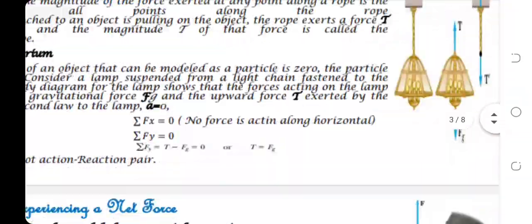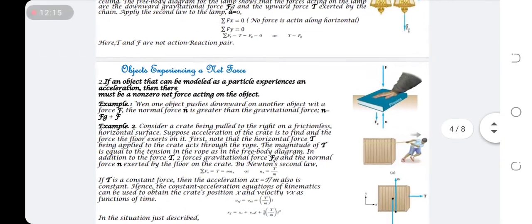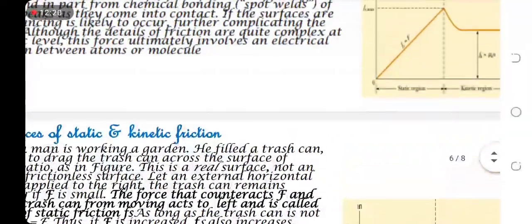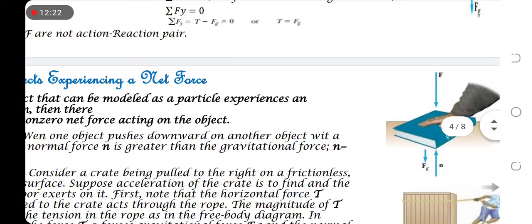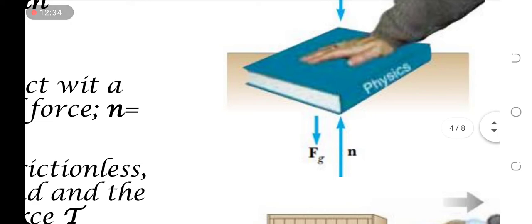As we can see from the figure, this is the diagram shown here. One force is the force of the book on the table acting downward, that is the Fg, force of gravity. Another force is the normal reaction force, that is acting in the upward direction.